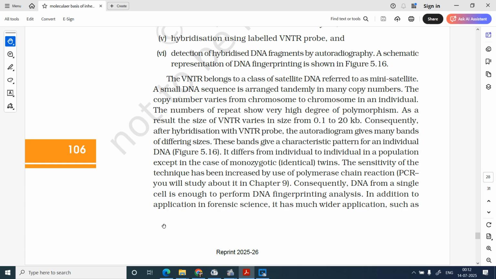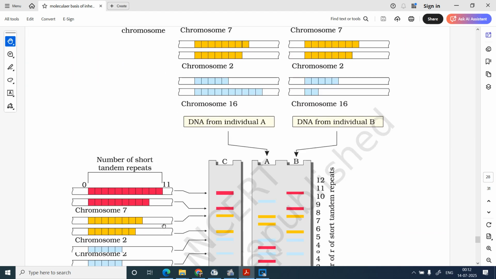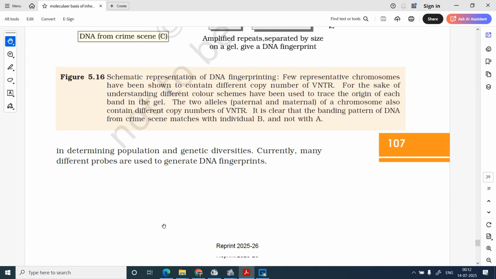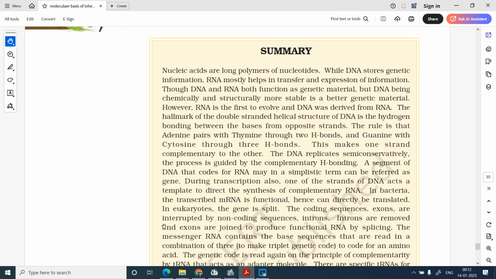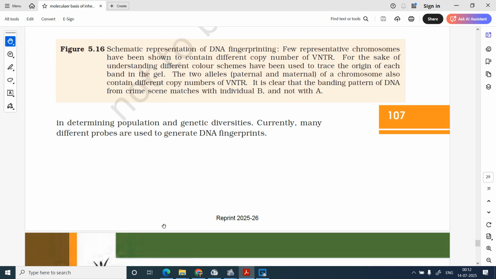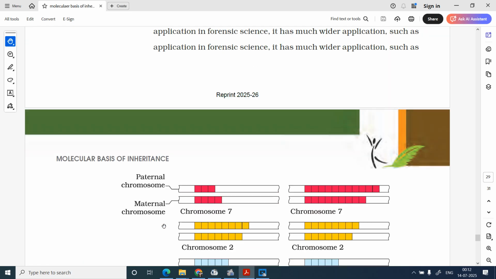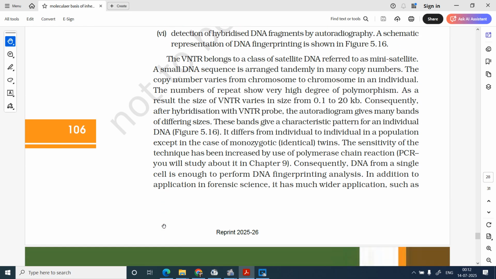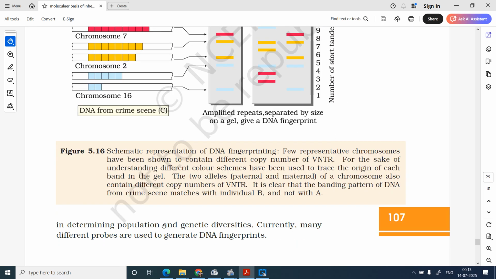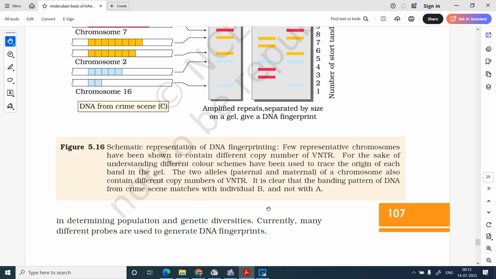In addition to application in forensic science, it has much wider applications such as in the study of different populations and genetic diversities. Currently, many different probes are used to generate DNA fragments.